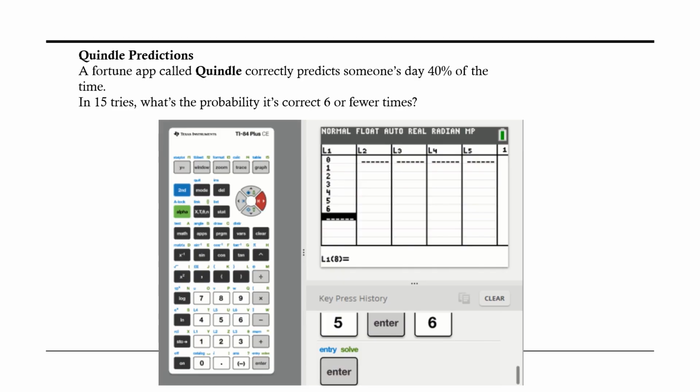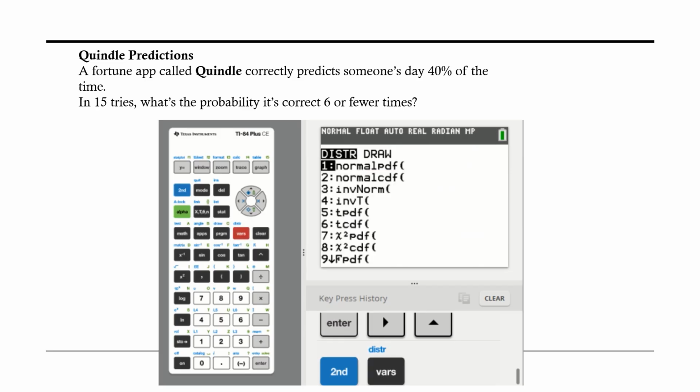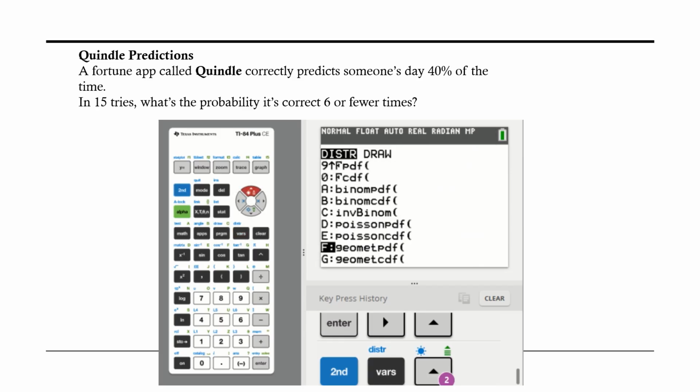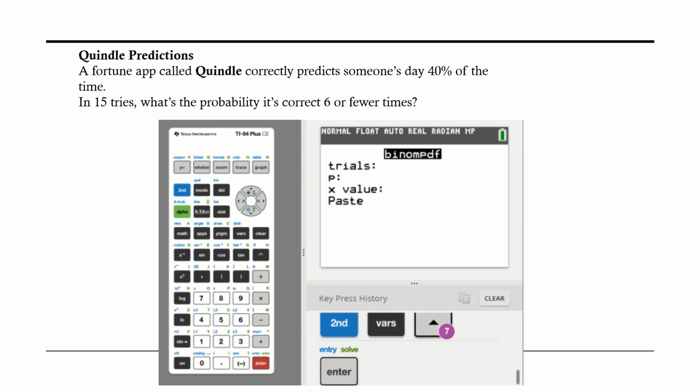The 0 is very important. I'm going to go over to L2. I'm going to go to the name of L2, and I will tell it to evaluate binomPDF. There are 15 trials. The p-value is 0.4.